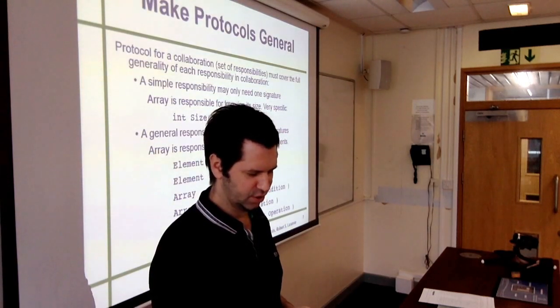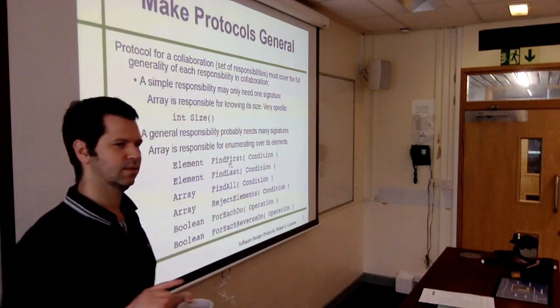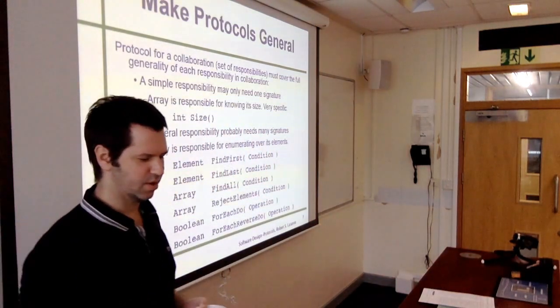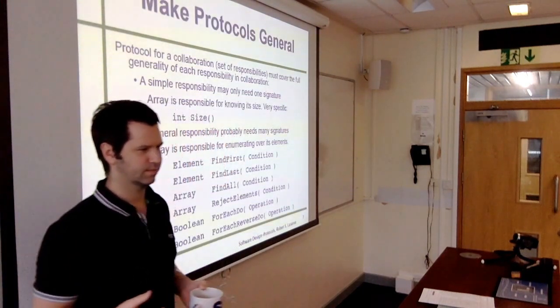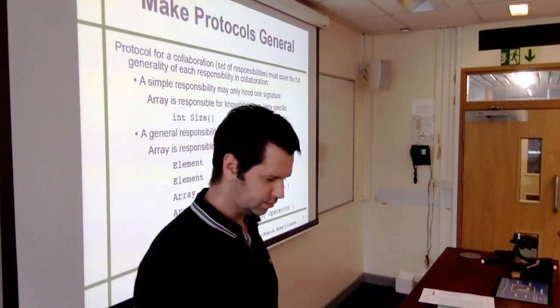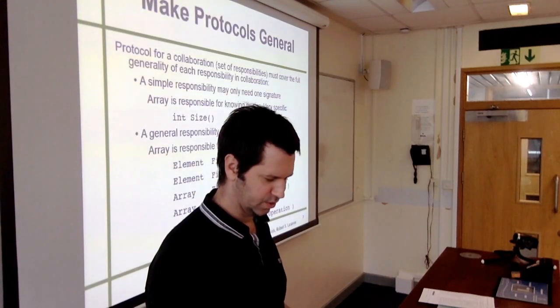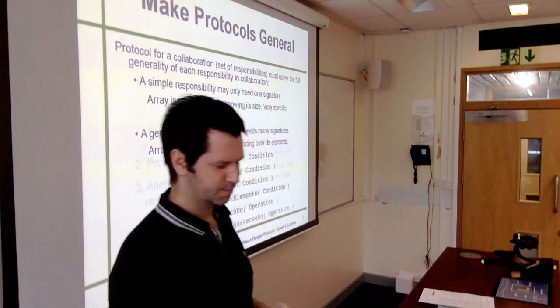So this is a general set of protocols for searching arrays. They're all variants on a theme, the search theme. And these are all the return values, and these are all the input parameters.